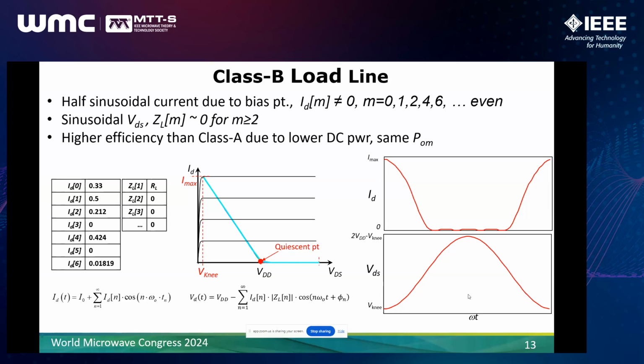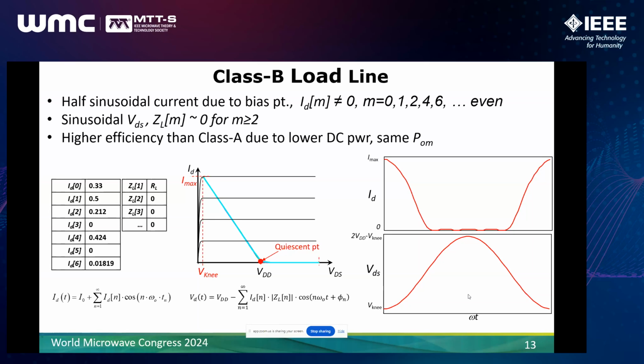And if we plot the ratio of voltage to current at each point in the time domain, we get the load line shown in the middle graph, where the load line goes from I max down to VDD, and then stays 0 in terms of current up to a VDS value of 2 VDD minus the knee voltage.